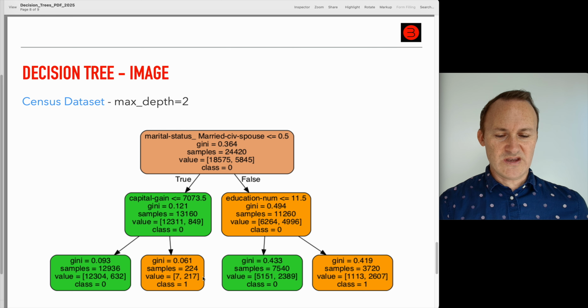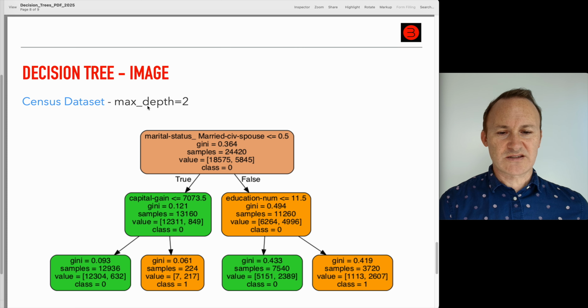You arrive in this, you could call it a leaf because it's like the end of the tree here. And why is this the end of the tree? Because we can understand it better. It's been given a max depth of 2. So in a decision tree, you can set the depth, and a smaller depth definitely makes it easier to interpret. You could certainly keep going and make more splits.